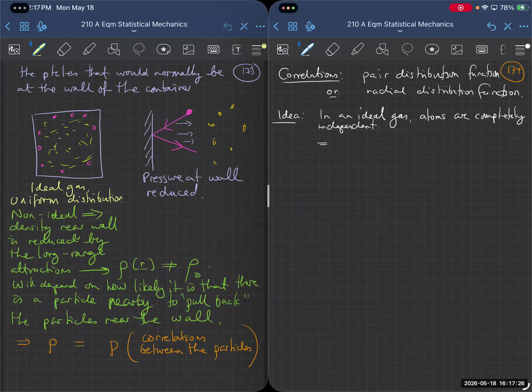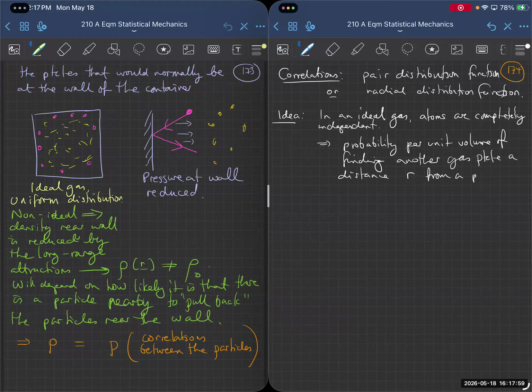And so that means that if I want to know the probability per unit volume of finding another gas particle a distance r from a particular one, that probability is independent of r.